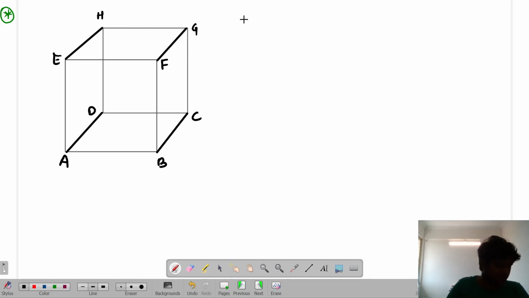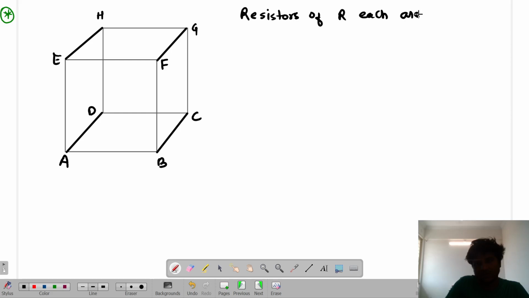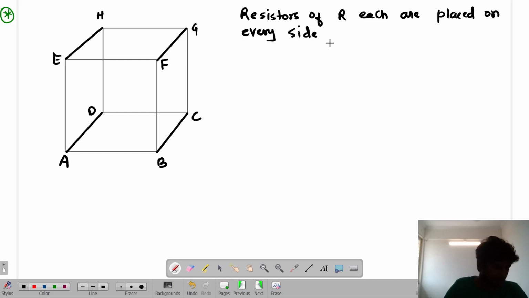Hold on. Question is very simple. If resistors of R each are placed on every side, go ahead or not?